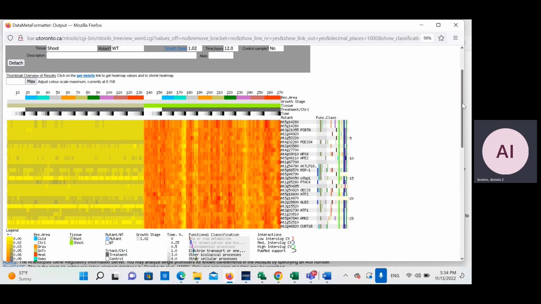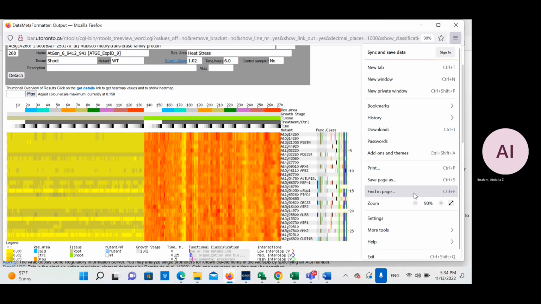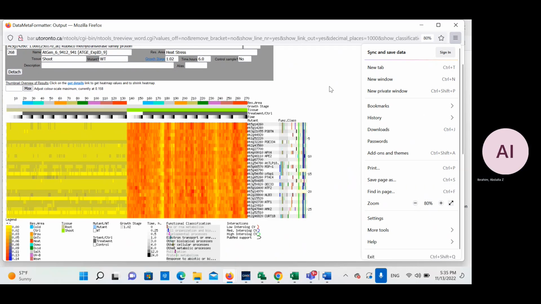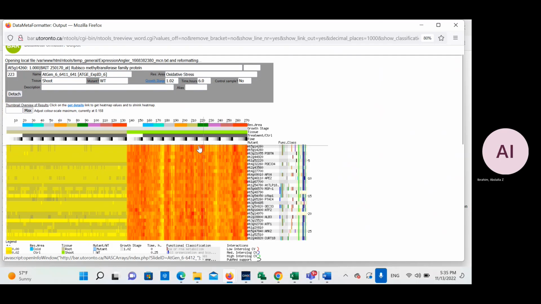It tells you that this is the shoot. So all of these are samples that have been collected in the shoot. And the ones to the left in here, this is actually the root.